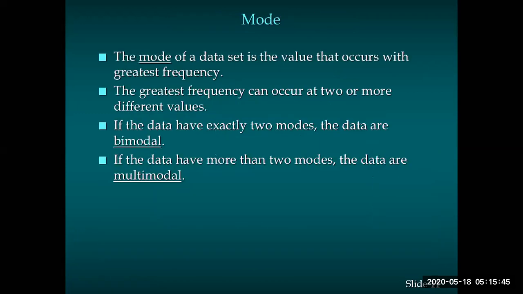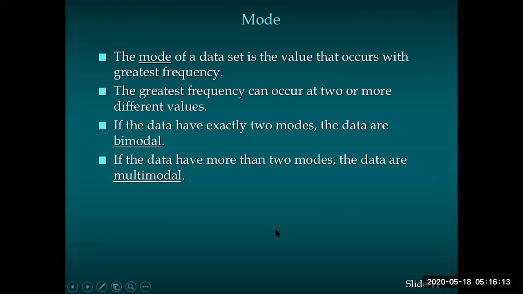Anyhow, the third thing that we are doing is the mod. Now, mod is a value that occurs with the greatest frequency. If I have one mod in a data set, that's unimodal. If I have two mods, equal frequency for two observations in a data set, that's bimodal. And if there are three or four mods in a data set, that's called multimodal.